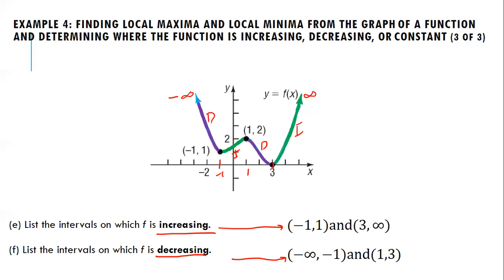What are your questions? If you were given a graph and you had to find local maxima, local minima, intervals of increase and decrease, could you do it? Yes? If not, ask me a question. What would stop you from being able to do this problem completely on your own?